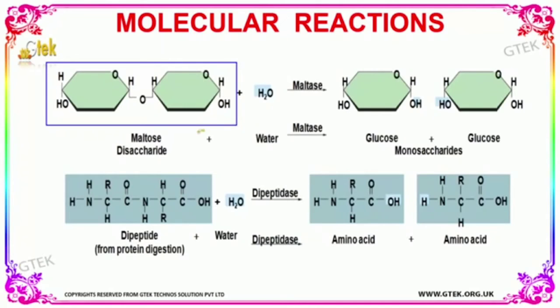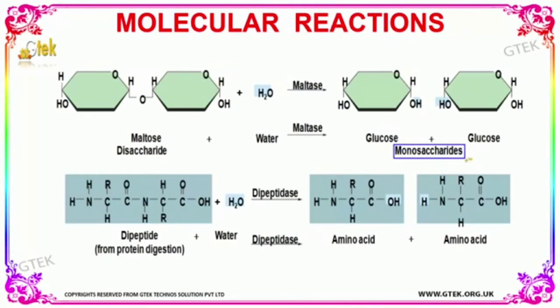Your maltose disaccharide, on addition with water in the presence of maltase, will produce glucose, that is energy. So your disaccharide is converted into a monosaccharide, as you can see.